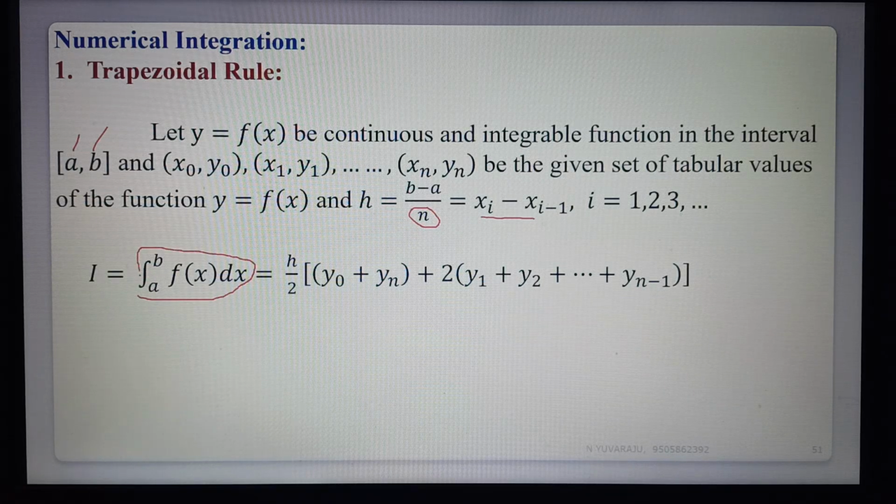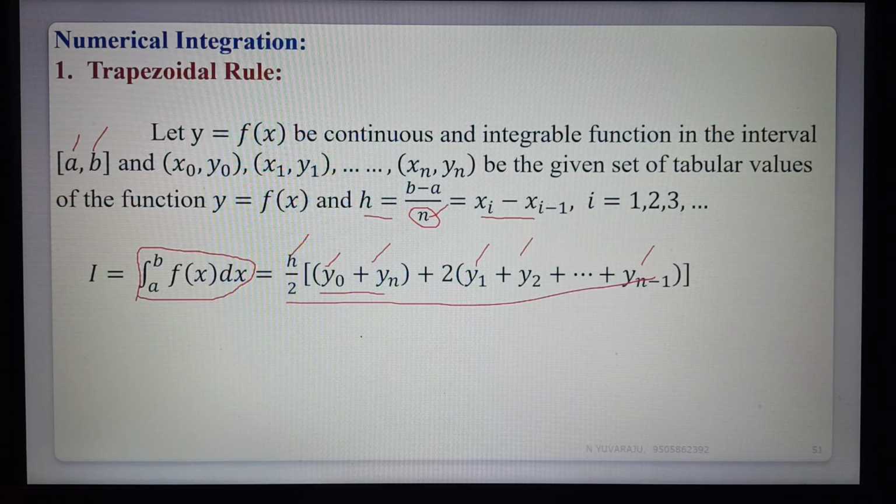So the formula for the integration from the interval a to b is equal to h by 2, where h is the length of the subinterval, into y0 plus yn, the first value and the last value, plus 2 into the sum of the remaining values y1 plus y2 plus up to yn minus 1, depending on the number of subintervals.